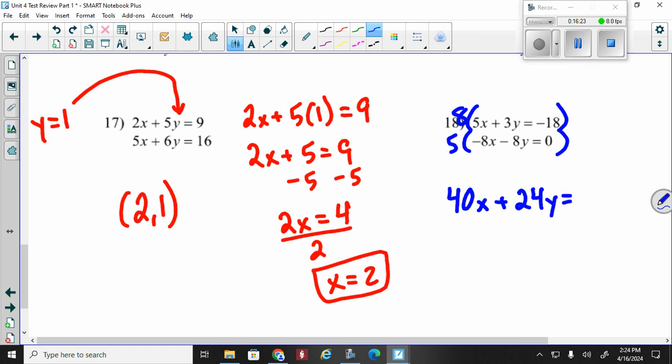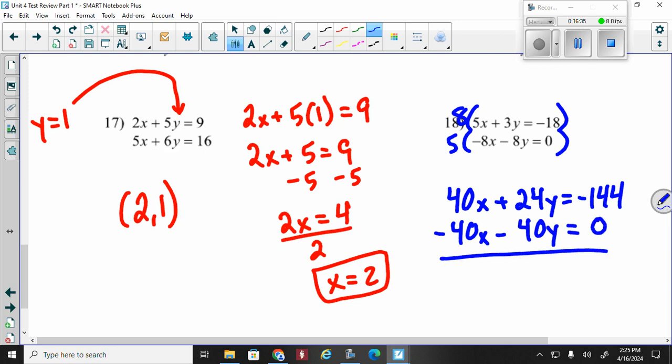I want to say that's negative 144. Don't quote me on that. My next equation is negative 40x minus 40y is equal to 5 times 0, which is 0. So that's how I would set it up, and the final answer is going to be (negative 9, positive 9). All right, there's part 1.